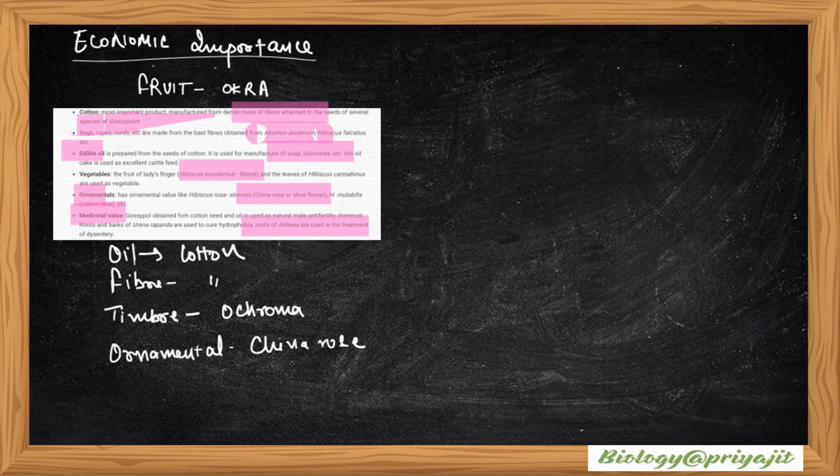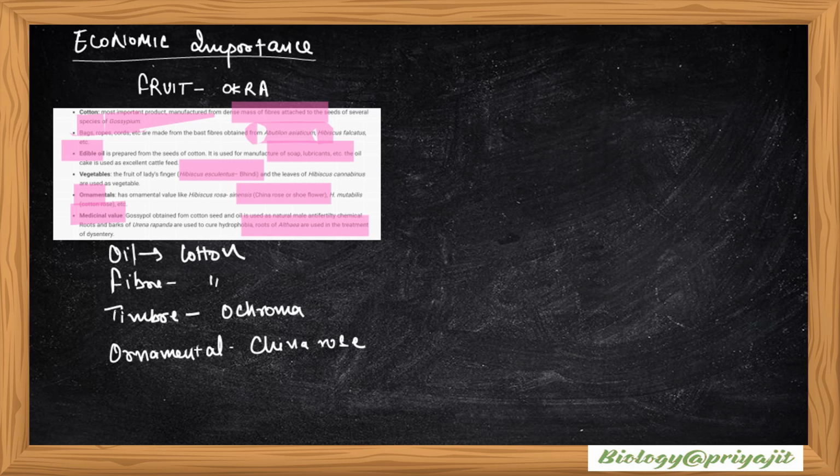Economic importance. The fruit is called as okra. Oils are found from the cotton. Fiber is also found from the cotton. Timber is found from the ochroma, ornamental plant, that is China rose. Cotton. Edible oil we can prepare from the seeds of cotton. Vegetables, the fruit of lady's finger and the leaves of Hibiscus cannabinus used as vegetable.